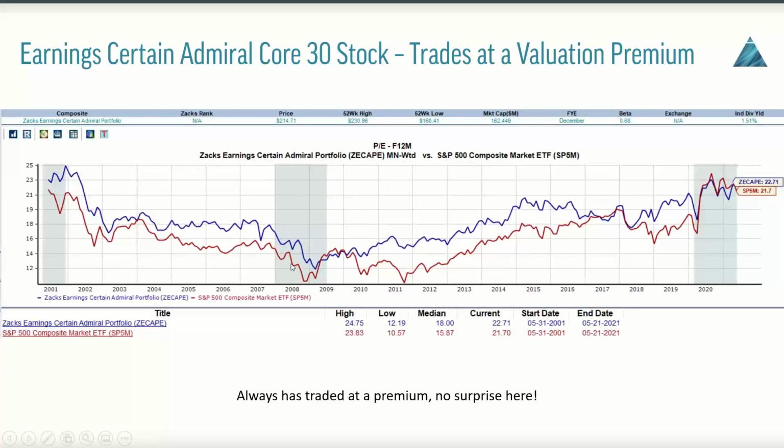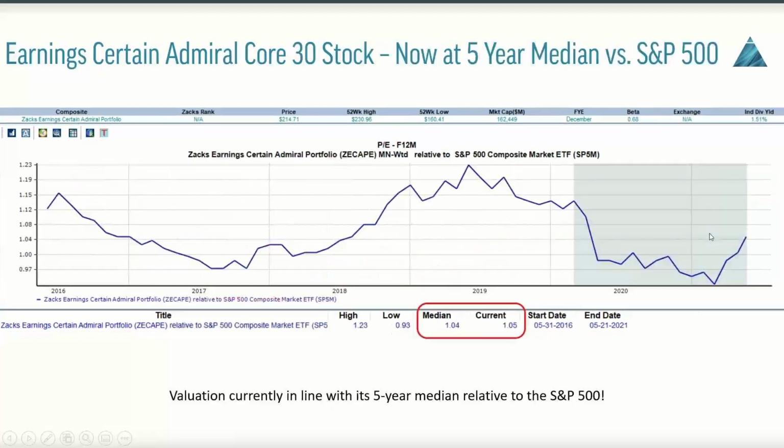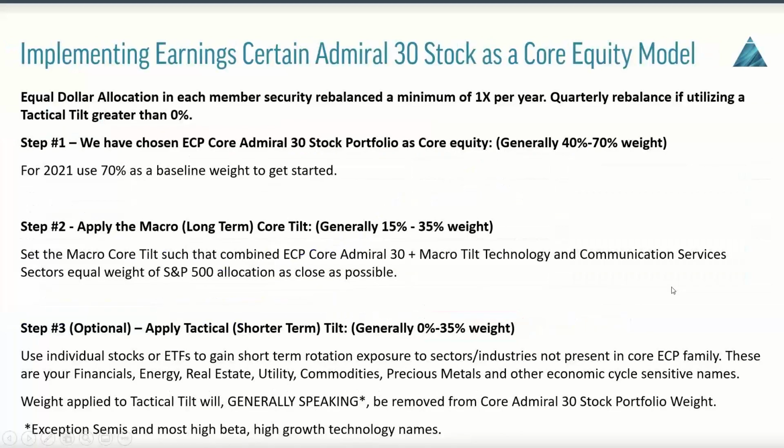We see this play out every time we go through a recovery from a recession. It's very normal. So always has traded at a premium. Again, no surprises here. So when we take a look at the earnings of the Admiral Core 30 stock portfolio relative to its 5-year median and the S&P 500, you can see that we're trading right in line with its median valuation. Okay, so valuation's currently in line.